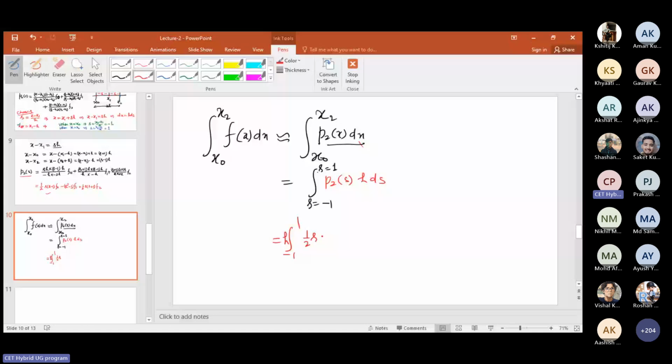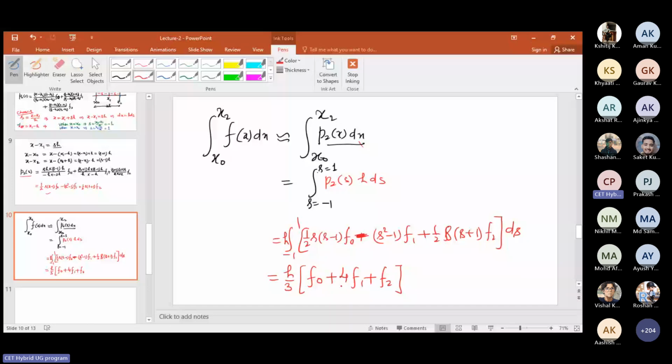Everybody should be aware of the integrations. f0 is constant, minus s square minus 1 f1 plus 1 by 2 s into s plus 1 f2 ds. Once you do the final integration with respect to s, then you will get this term, what I'm writing now: h by 3 f0 plus 4f1 plus f2.